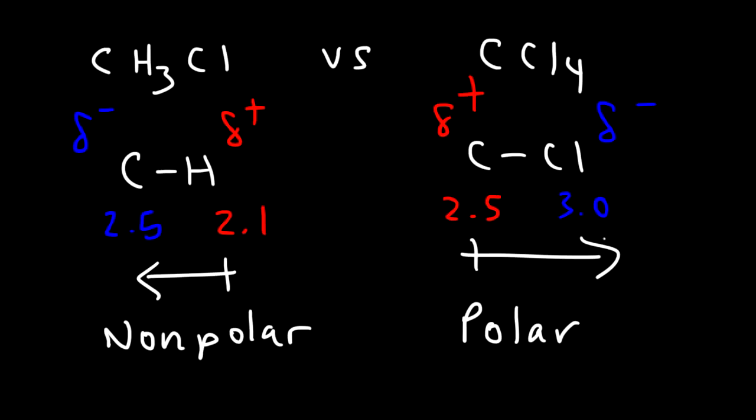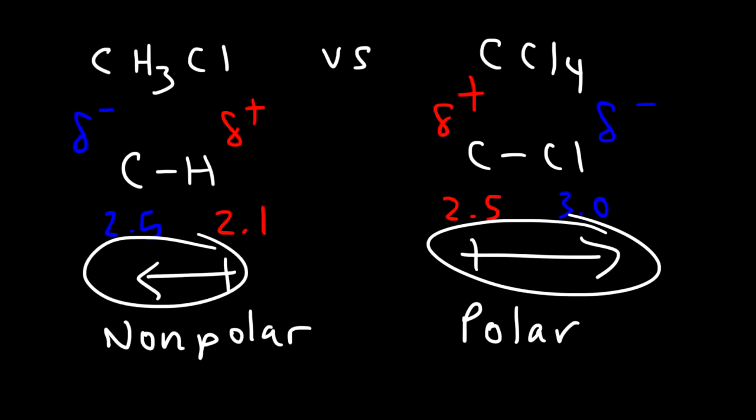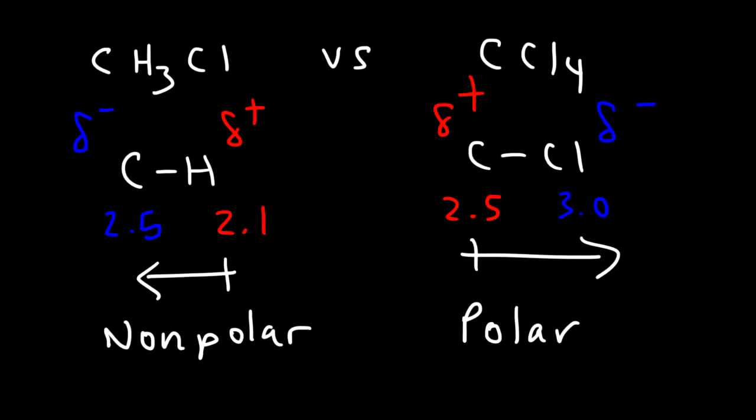Now, notice the arrow is bigger for the CCl bond than for the CH bond because the electronegativity difference is bigger. And also, chlorine is a lot bigger than hydrogen. The dipole moment depends on not just the charges, but also the distance between the charges.